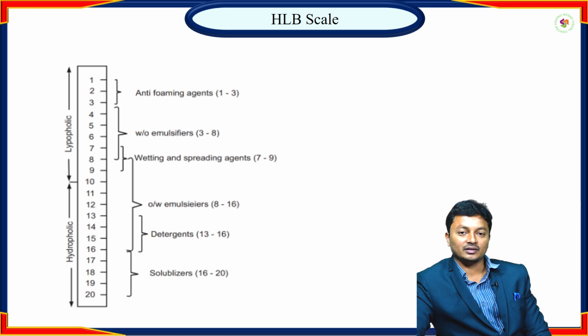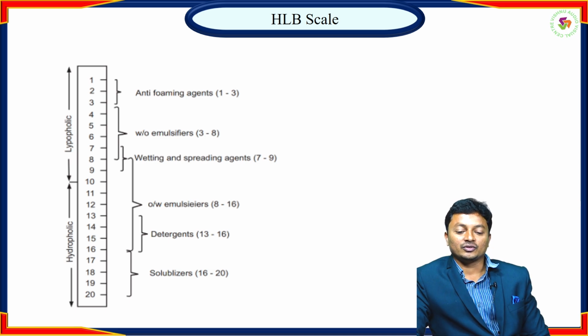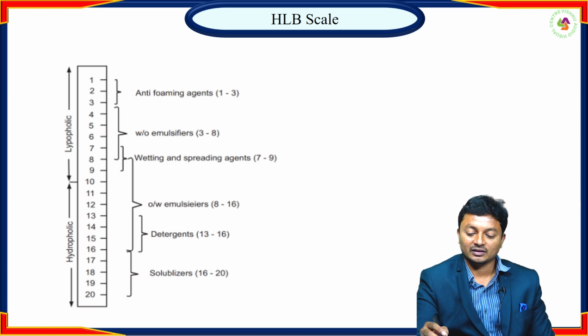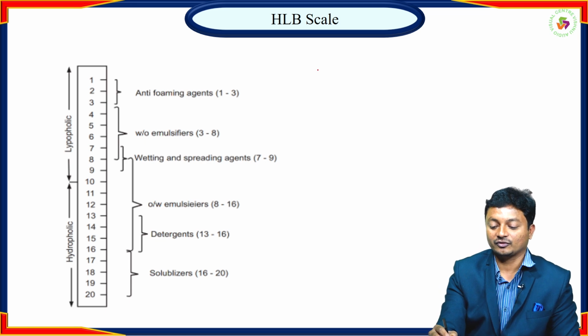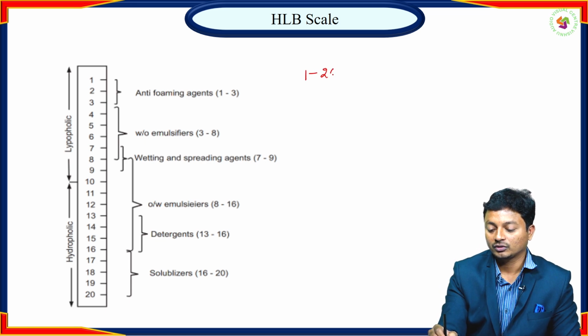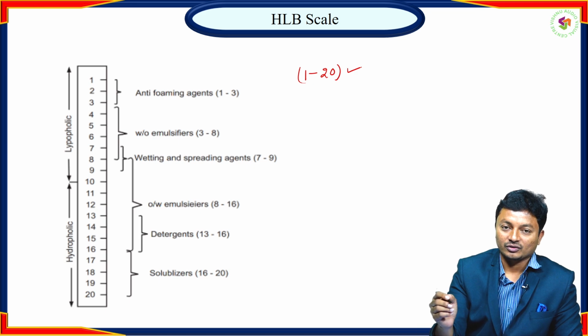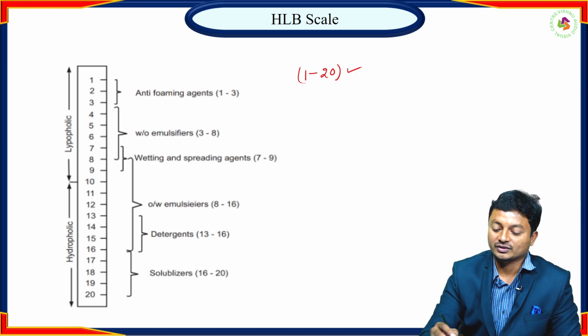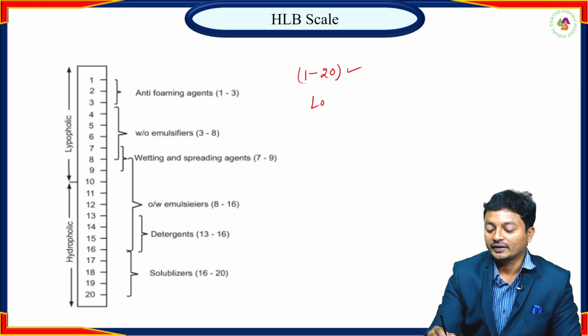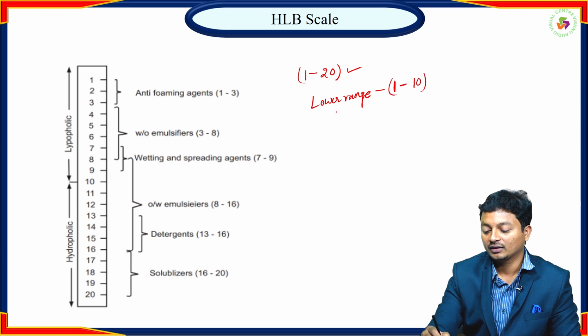This is the HLB scale. This HLB scale contains ranges from 1 to 20. In this 1 to 20 range, the lower range, that is 1 to 10, always indicates lipophilic nature.